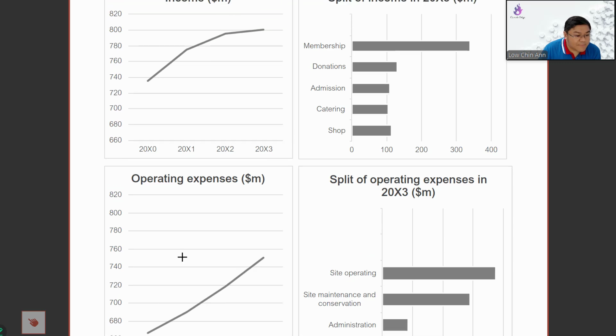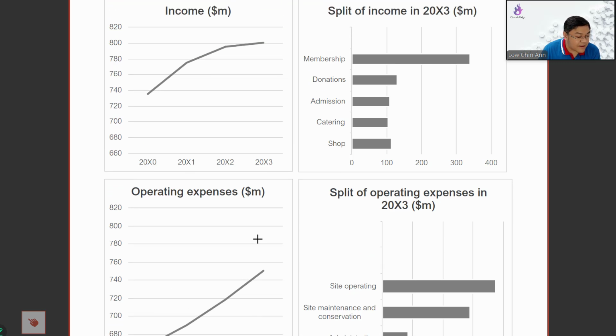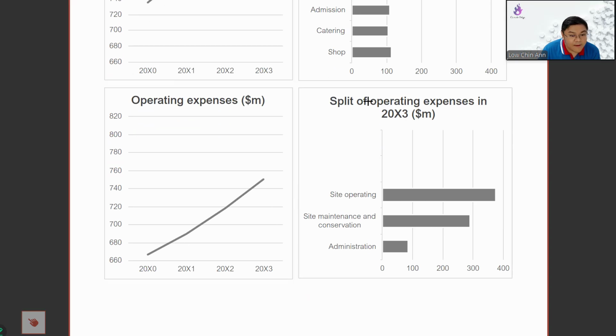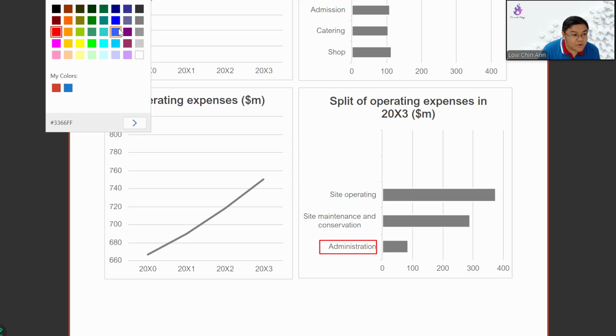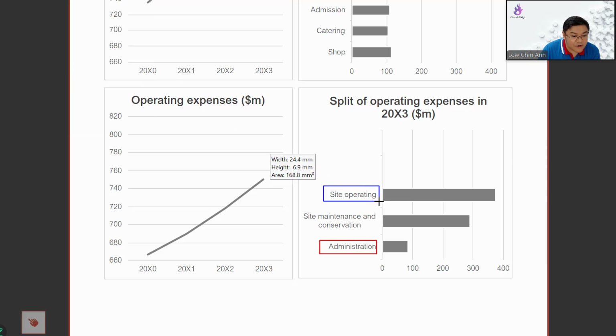The operating expenses are also steadily increasing, so it might have a stable margin. You can see that in terms of the percentage, this is the one that we need to keep as low as we can. Much more is spent on operating than on maintaining.